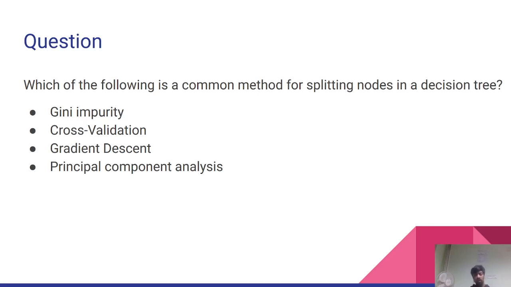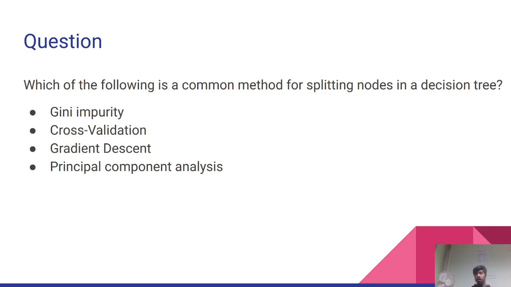Gradient descent is also not used here. Principal component analysis is also not used here. So the only correct answer is Gini impurity. We calculate the Gini impurity, and wherever we see that splitting at this point and creating these two branches will have the maximum impact on the classification, we split there.